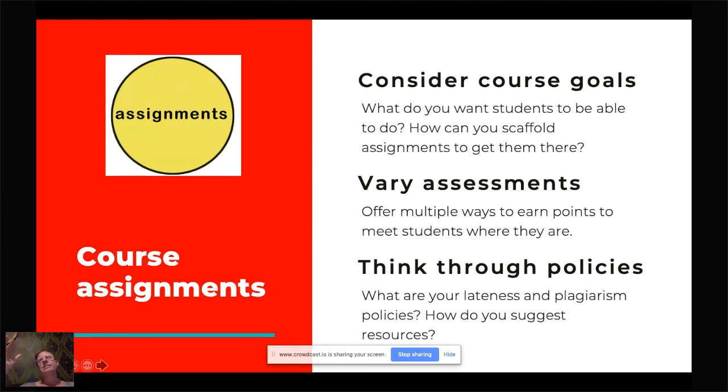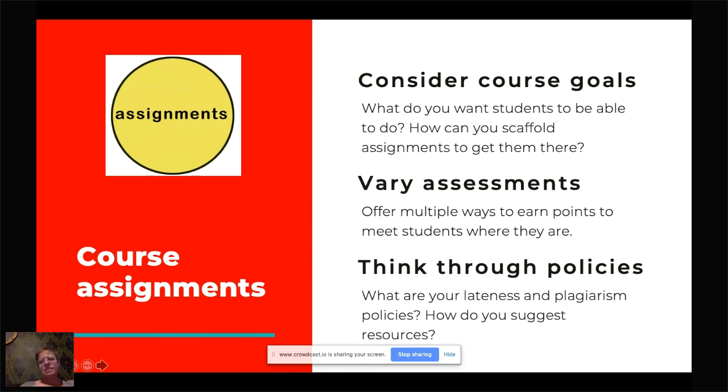A final research paper that's worth 75% of your grade is really overwhelming. But if you break that down into a topics assignment, an outline assignment, an annotated bibliography, a bunch of different assignments that scaffold into the end product, that is really helpful for students.